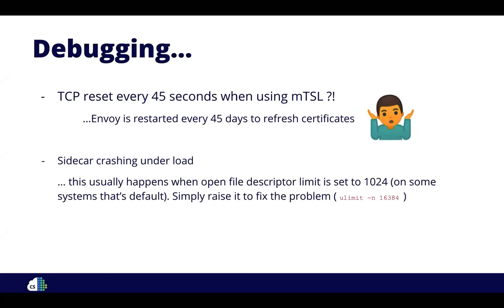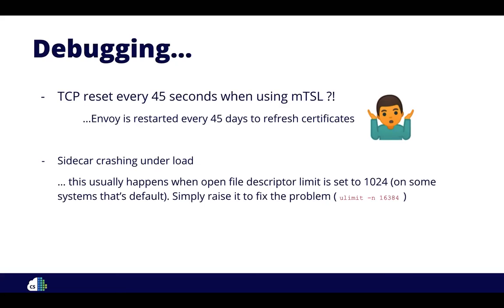Another issue, sidecar crashing under load. That happens sometimes, and usually it happens because the open file descriptor limit is by default set to 1024, on quite a lot of systems and quite some clouds as well. The very simple fix is to raise the limit.